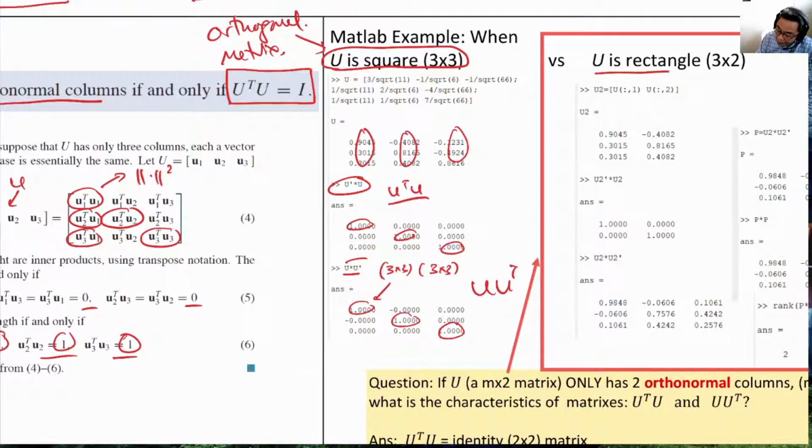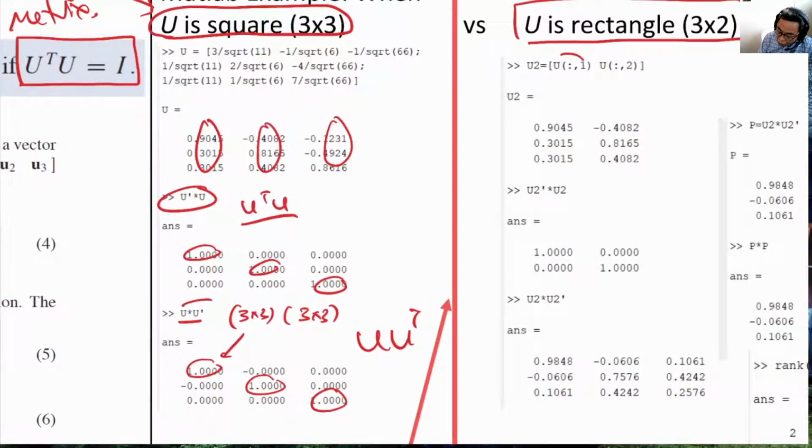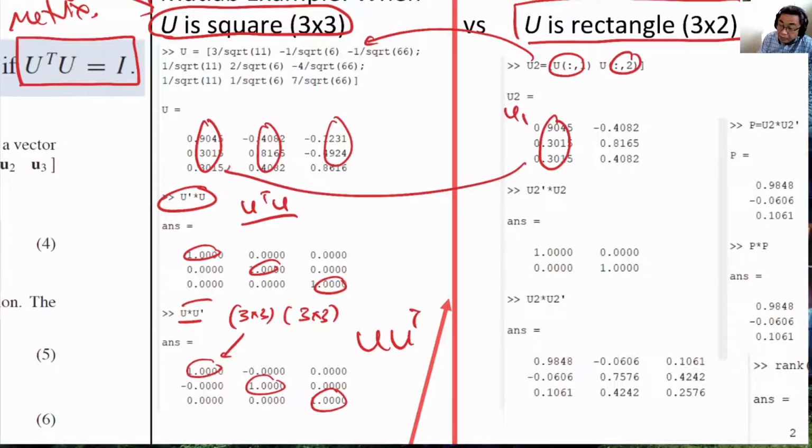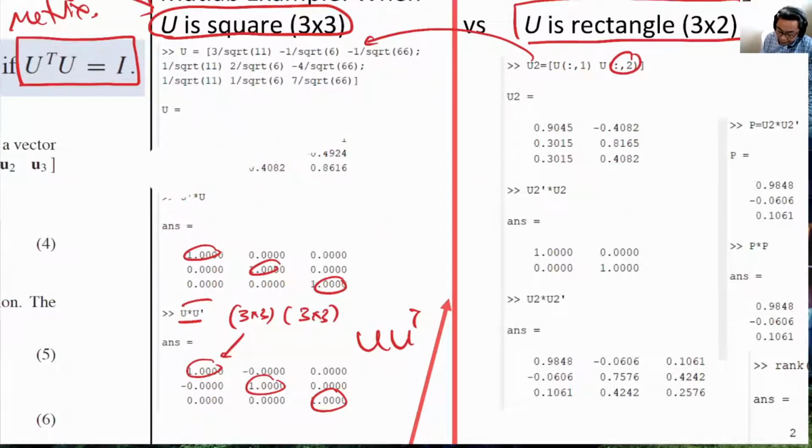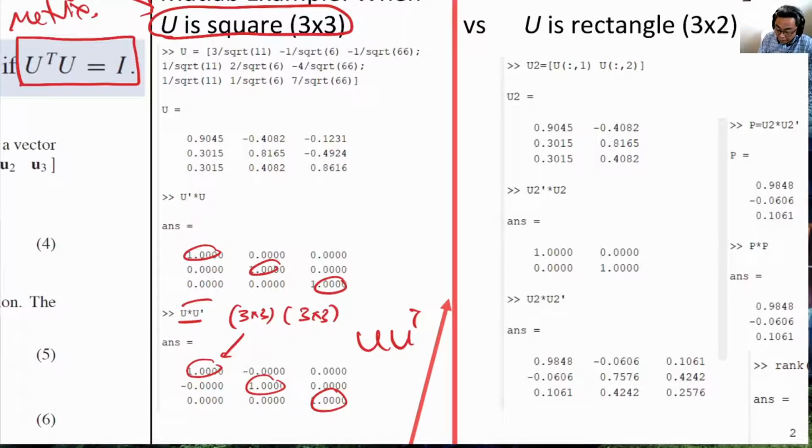Now, what about when U is rectangular? So we now only take 2 columns of U from the previous example. This is U1, same as this guy here. This is U2, same as this guy here. Therefore, from the previous example, we know that these columns are not only orthogonal, they are orthonormal.